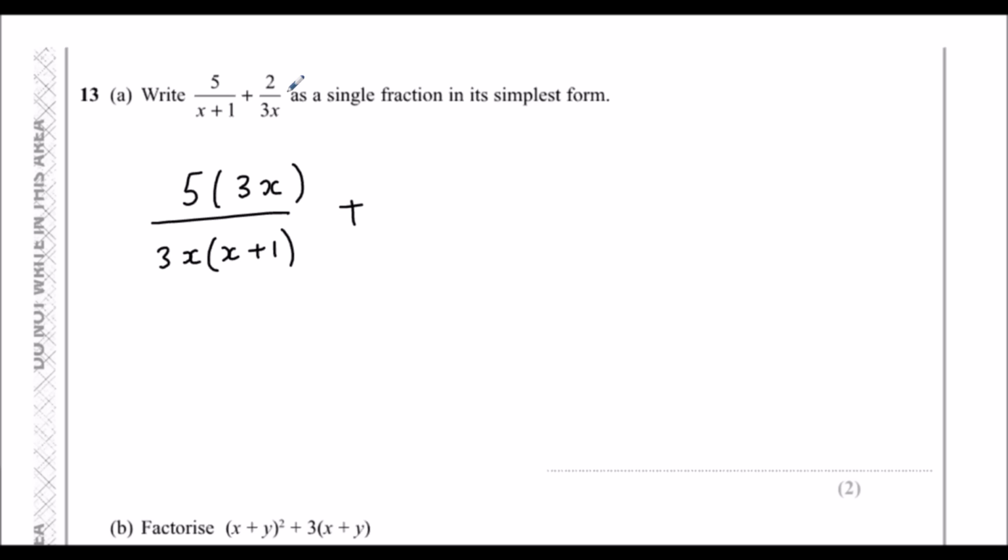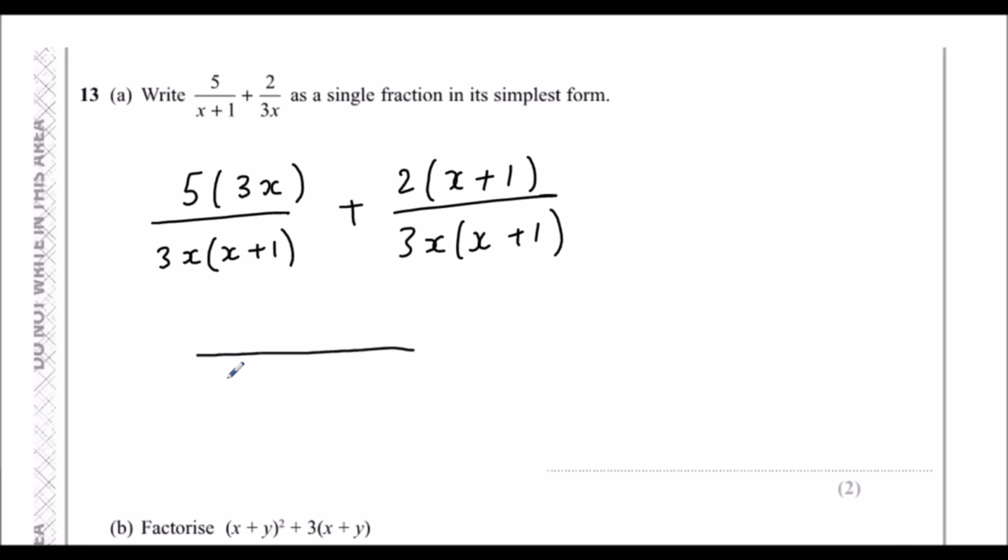And for my 2 over 3x, I'll multiply top and bottom by x plus 1. So now I've got a common denominator. I can add the fractions. So I can write them as a single fraction with a common denominator. So I've got 5 times 3x plus 2 times x plus 1.